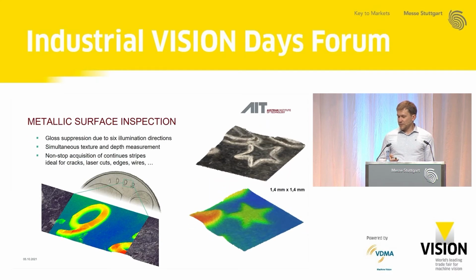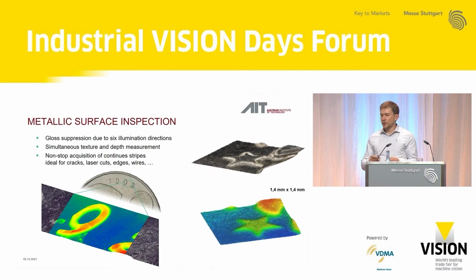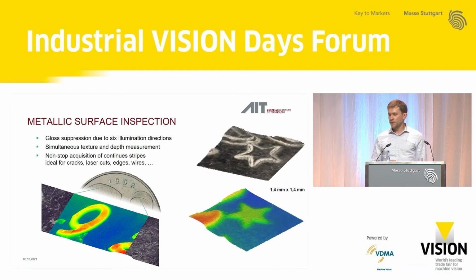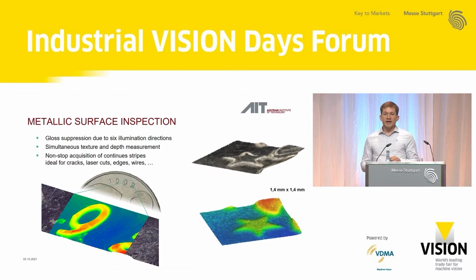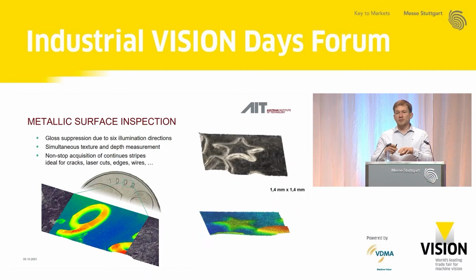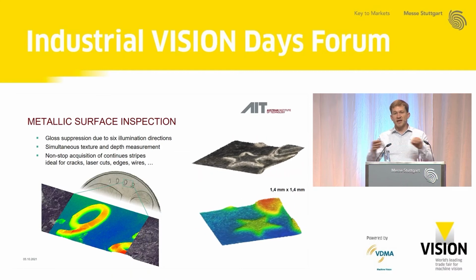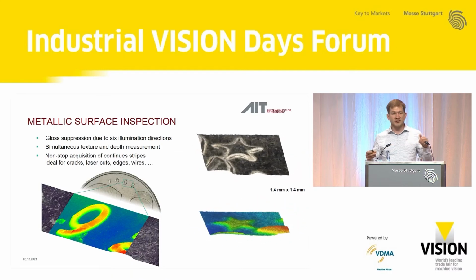So here are some examples. What you see here is now this 1.4 millimeter field of view. Our acquisition device acquires the albedo image, so the texture information, and the 3D information at the same acquisition process at once.